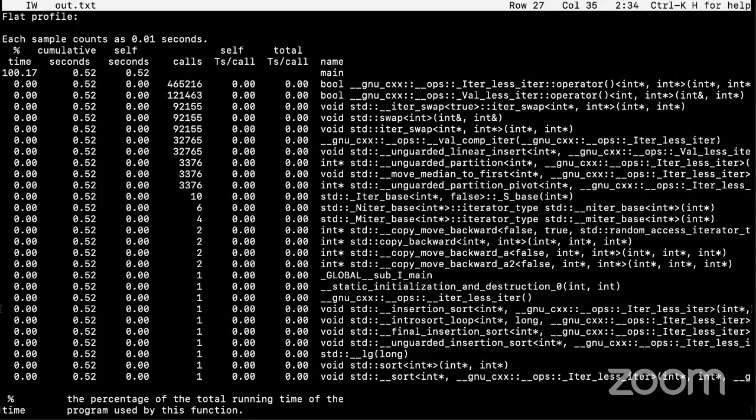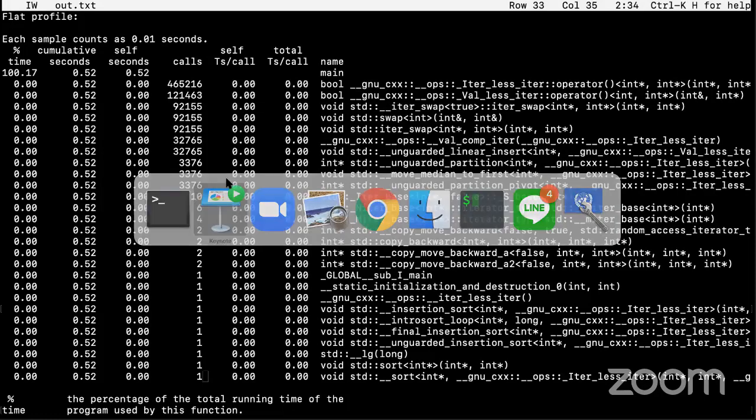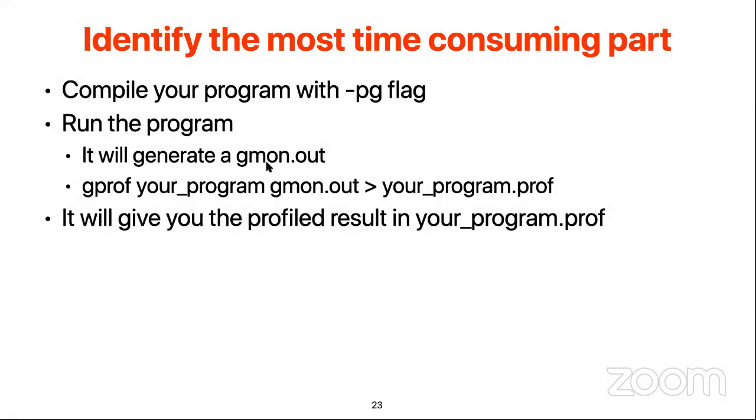From the algorithm's perspective, you might think that when I want to improve a program, I should focus on the part with the highest complexity. But it turns out that the highest complexity part is actually the lowest ranking in terms of time consumption. So that's definitely not something you have to focus on. You have to focus on the rest.